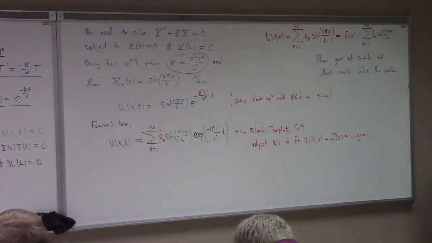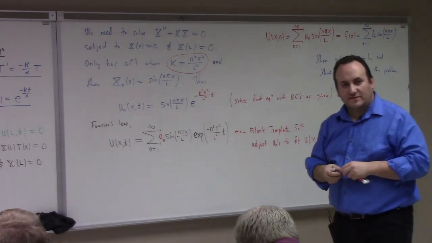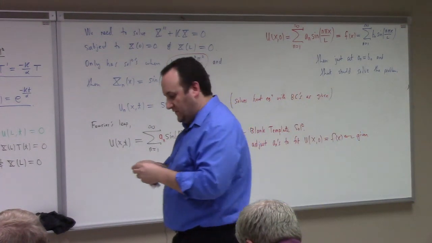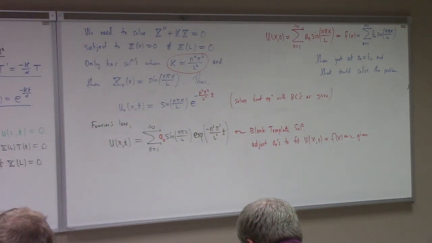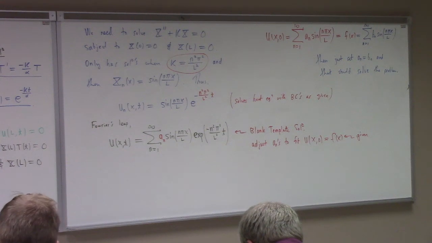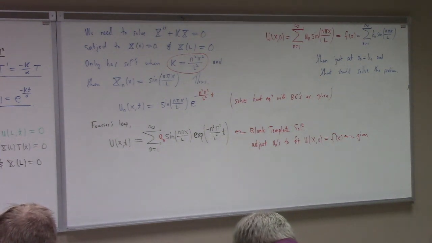So the question is, for a given f of x, how do you actually find those b sub n's? They're called Fourier coefficients. Let me show you.